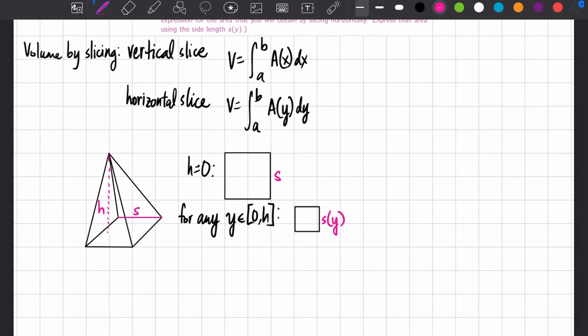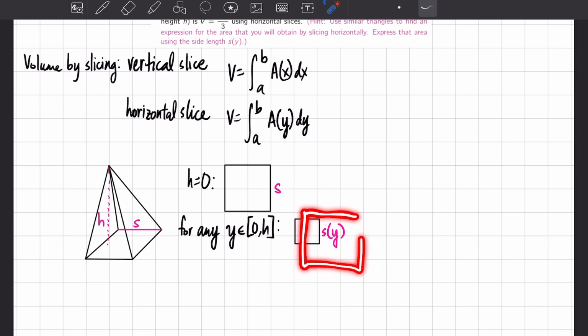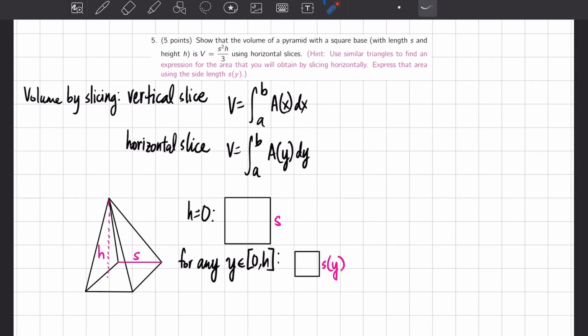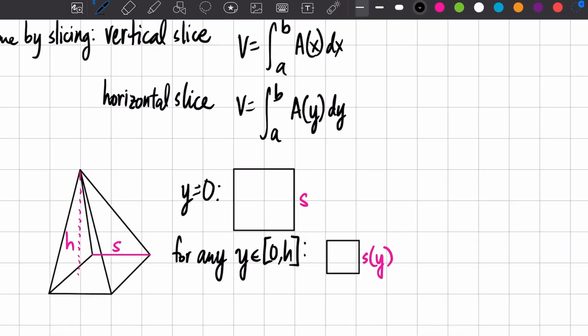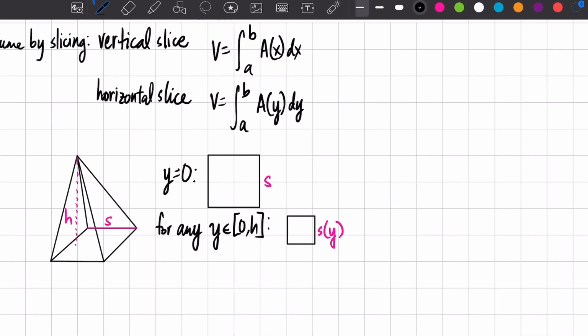Okay? Our goal is to find this s of y and express it in terms of the values that we know. That is, we have s and h, which is the height of your pyramid. To make this not confusing, let's call it y instead. Y equals 0. So let's try and see what happens.